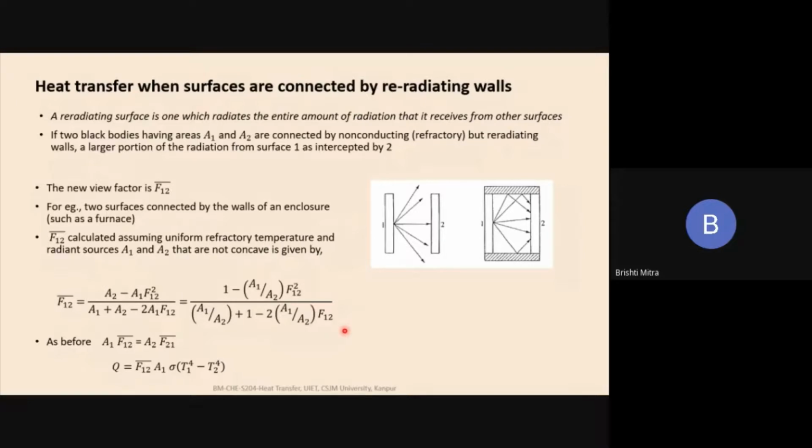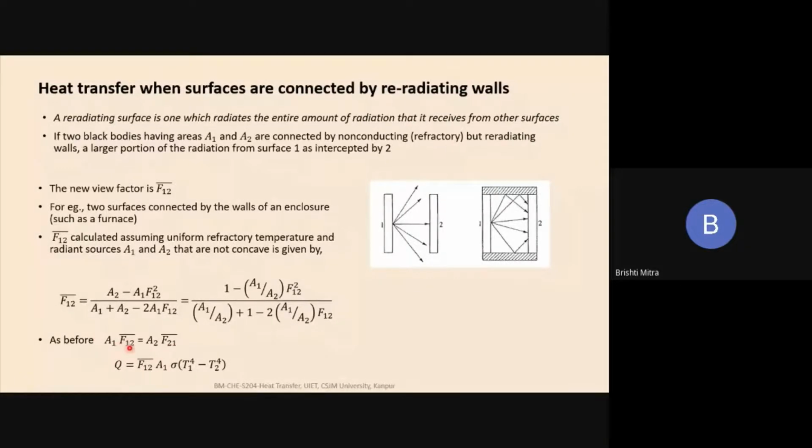Whatever is the case, if they're of equal area, that is not a problem. We can do that. So as before, A1 F12 bar is equal to A2 F21 bar. So what do I have? If A1 and A2 are the same, then we say F12 bar is the same as F21 bar. And if they are not the same and we know the areas of A1 and A2, I can find out the value.